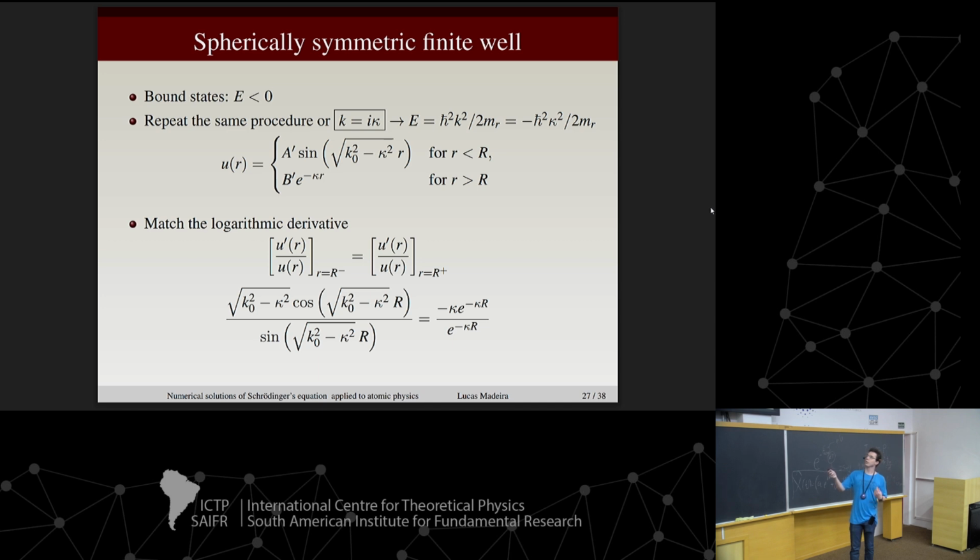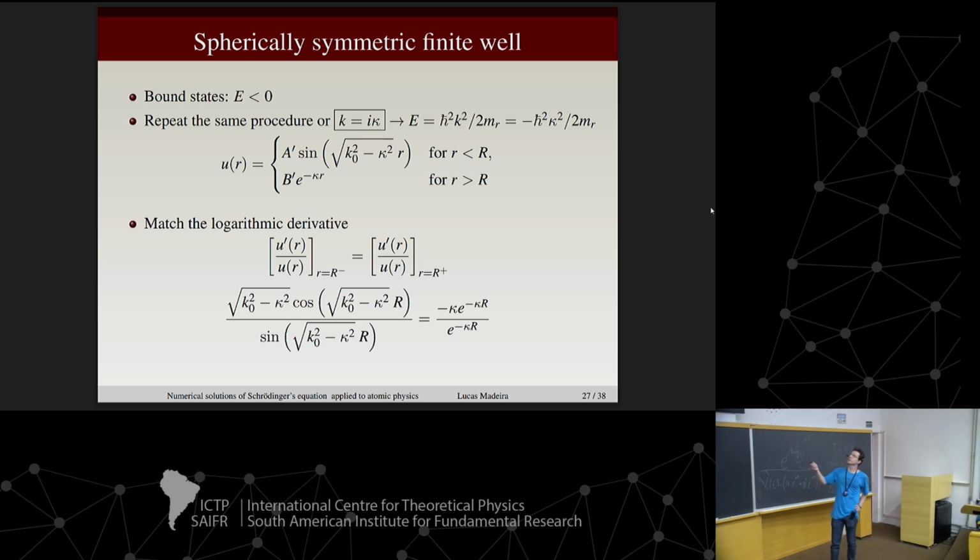Whatever I had K before, I'm going to write i kappa. Why am I going to do this? My energies are proportional to K squared. If I substitute this by i kappa, what do I get? Minus kappa squared. So by doing this substitution, I avoid doing all the math, and I can just look at my bound states, because now my energy is going to be negative.